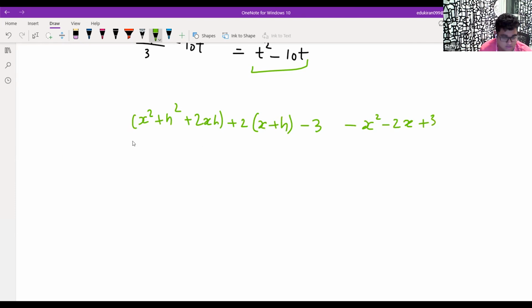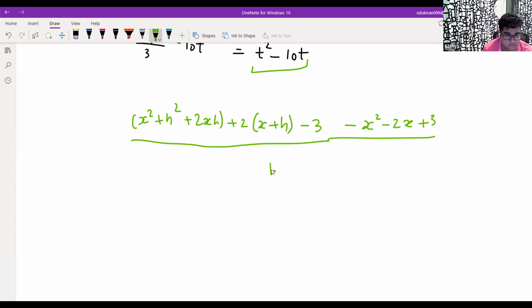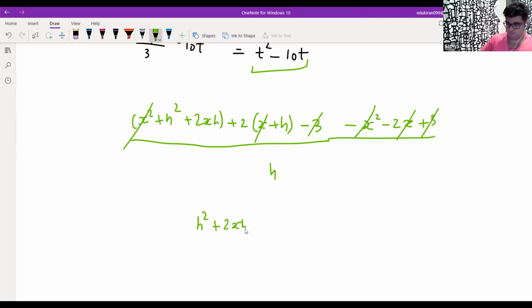So I cancelled x square and minus x square on top. I cancelled 2x and minus 2x. I cancelled plus 3 minus 3. So I got h square plus 2x h plus 2h by h. So I substituted x as 0.